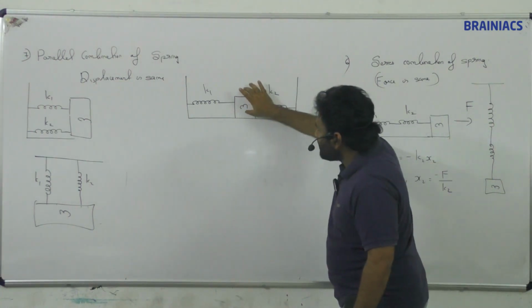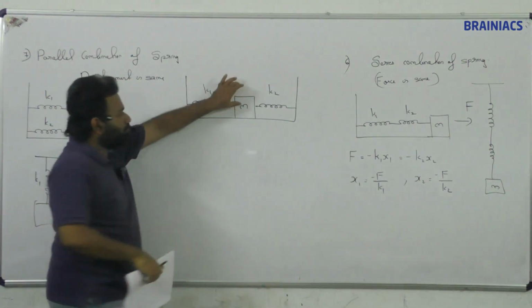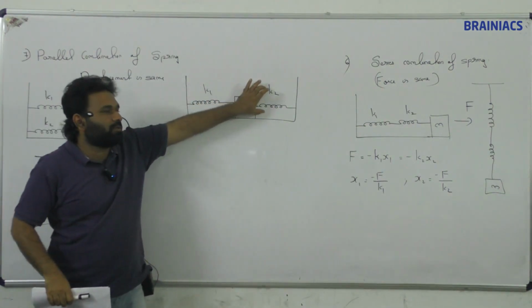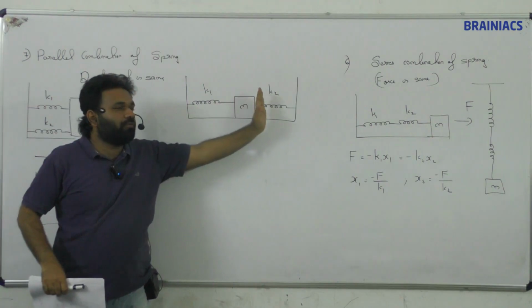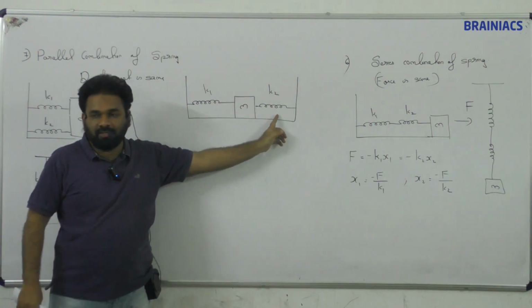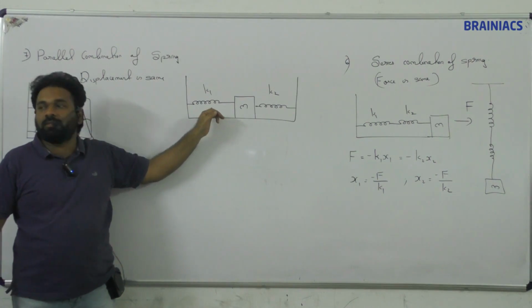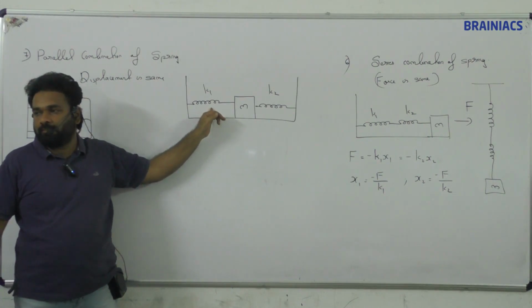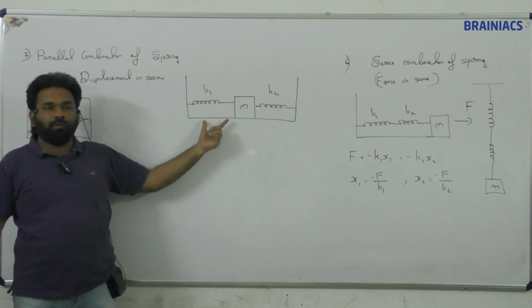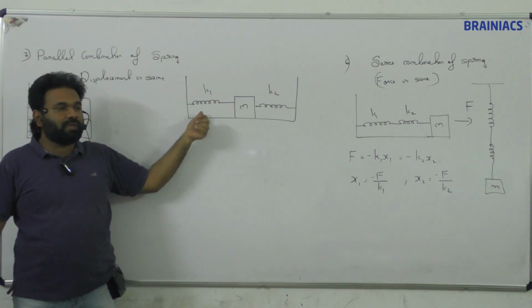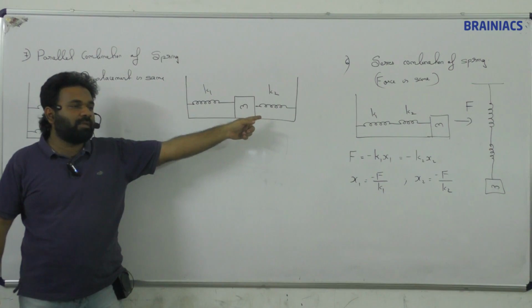When we pull this mass to this side, compression-wise this will have a displacement, and on the other side, elongation-wise, this also will have the same displacement.